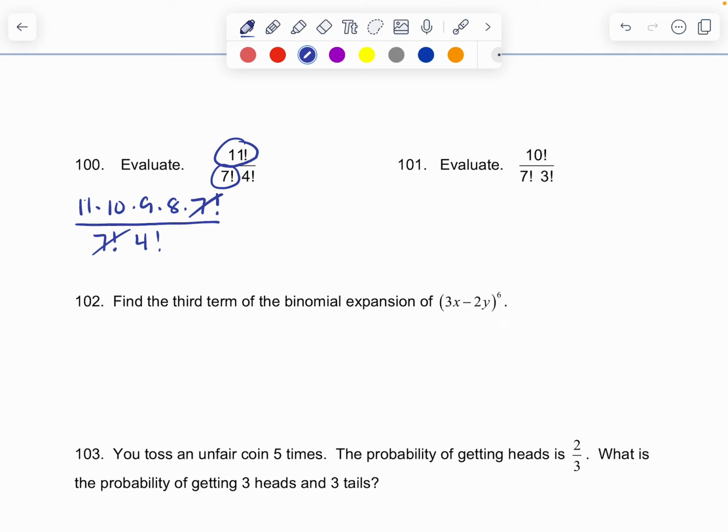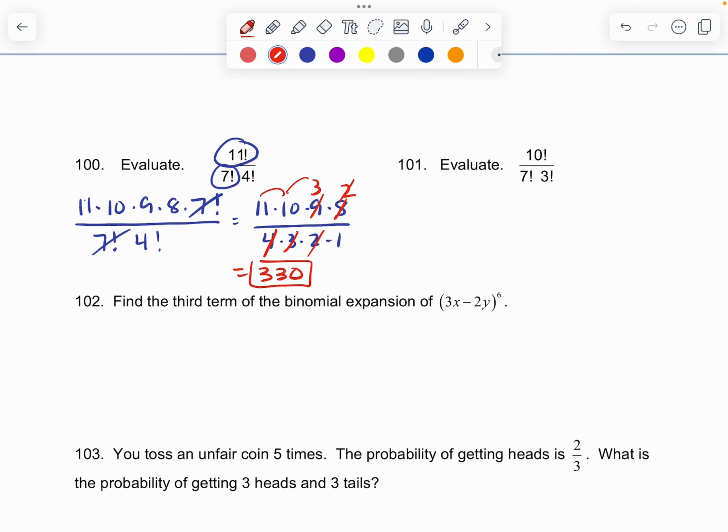Now, what is 4 factorial? What's left over is 11 times 10 times 9 times 8. On the bottom, we have 4 times 3 times 2 times 1. So look at how I'm going to cancel these. 4 goes into 8 2 times. These 2's can cancel. 3 goes into 9 3 times. So 11 times 10 is 110. 110 times 3 is 330.